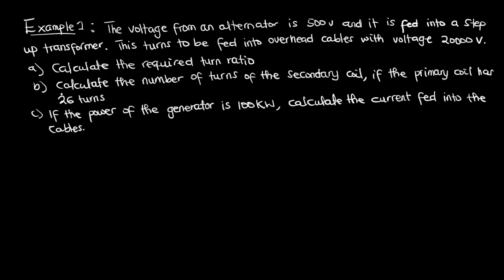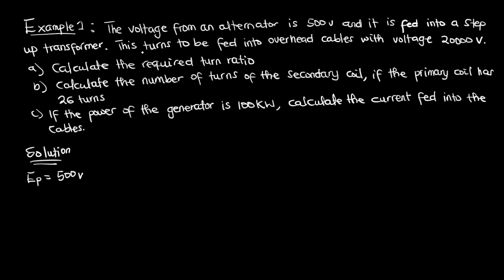Now this is fairly simple. Let's look at the solution to this problem. So we write down our solution. Let's write down the parameters that we have. They say the voltage from an alternator is 500 volts and it is fed into a step up transformer. It means our primary voltage, which is EP, is equal to 500 volts.